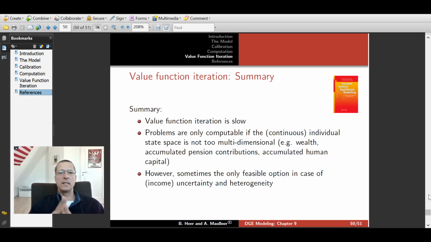Okay, so let me summarize what we find here from value function iteration. Value function iteration is slow. It is very slow. Whenever possible, try to use direct computation with the help of the nonlinear equations that characterize our equilibrium.